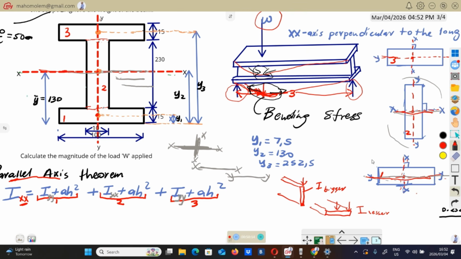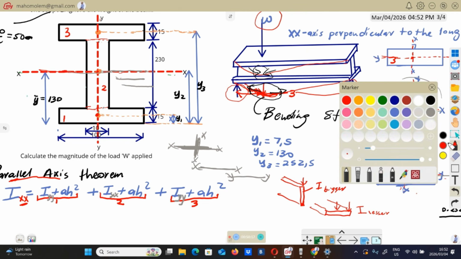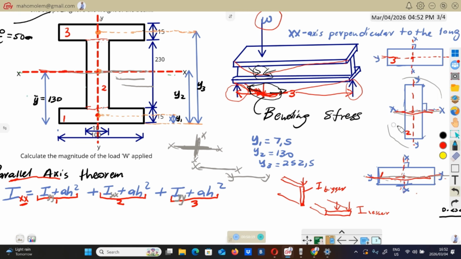Now, let me just transfer this for a certain reason. We will see it at a later stage. Remember, this box is the very same thing as this one. Let me just transfer this. This is the YY line.